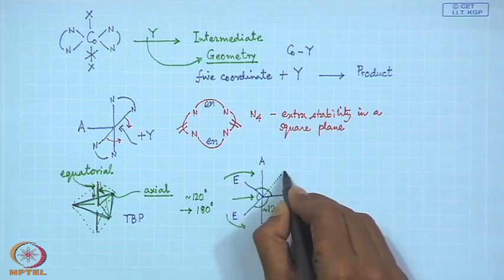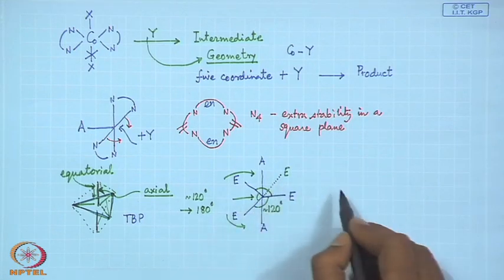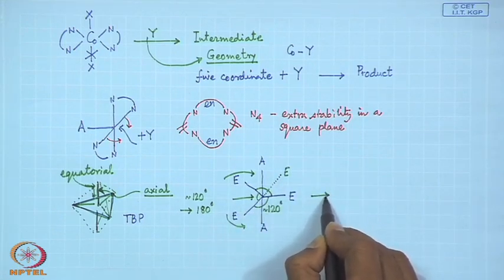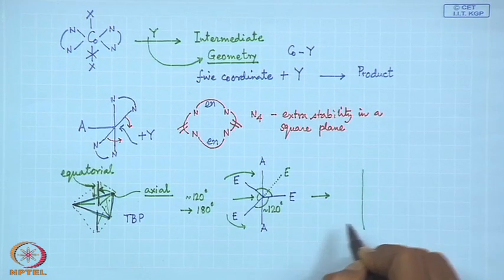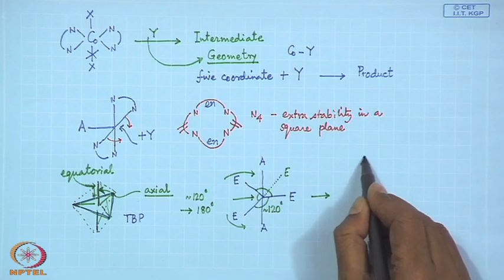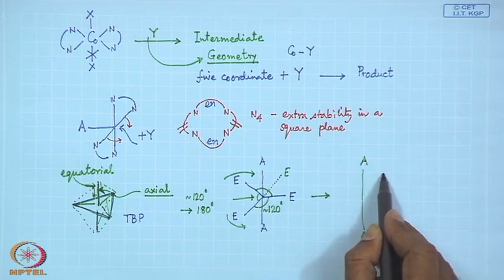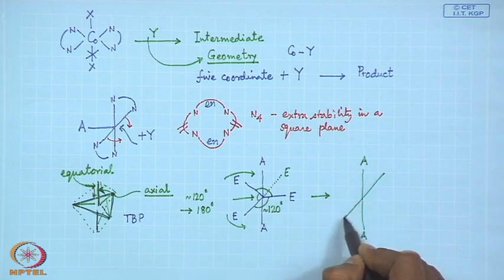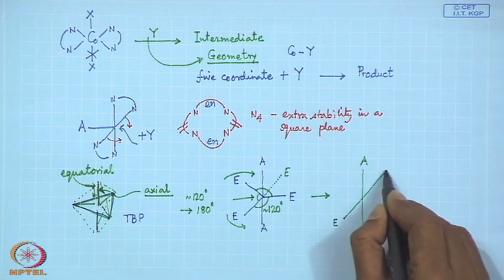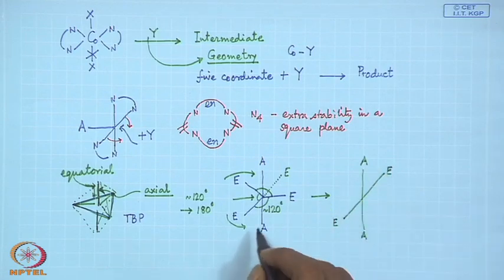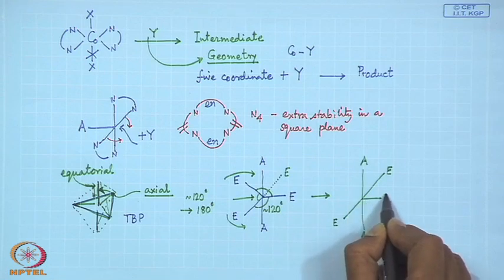That means this E will go straight to this position, and as a result we get a structure like this, where this is the A, A and these are the new positions of these two E. So, this E has moved, and this is the other E.